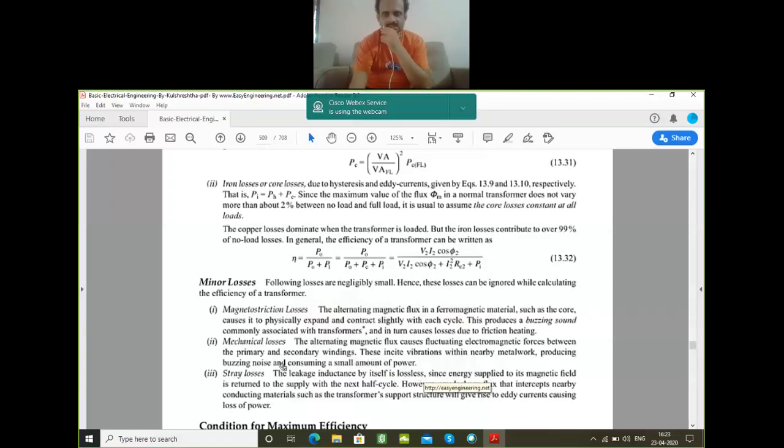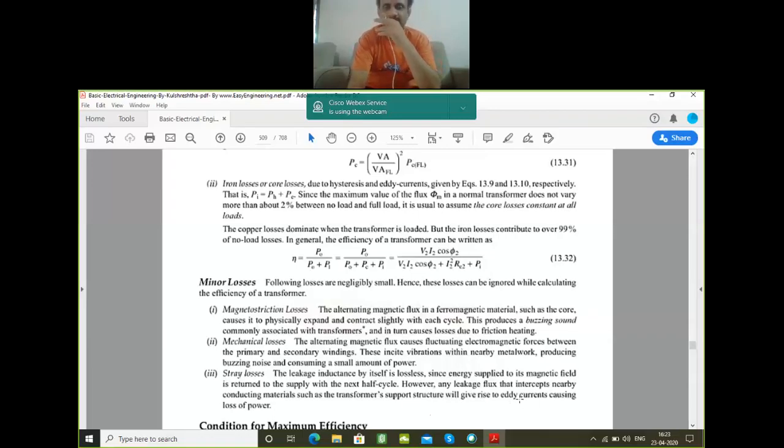And third are the stray losses. Stray losses are due to leakage inductance. Leakage inductance by itself is not lossy, since energy supplied to its magnetic field is returned to the supply with the next half cycle. However, leakage flux that intercepts nearby conducting materials such as the transformer support structure gives rise to losses in the form of eddy currents.